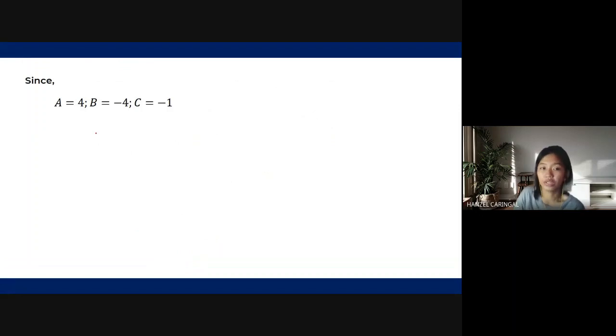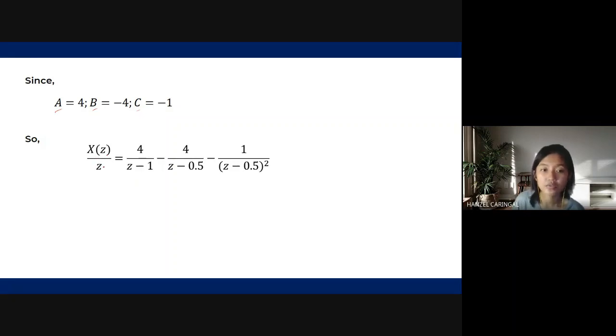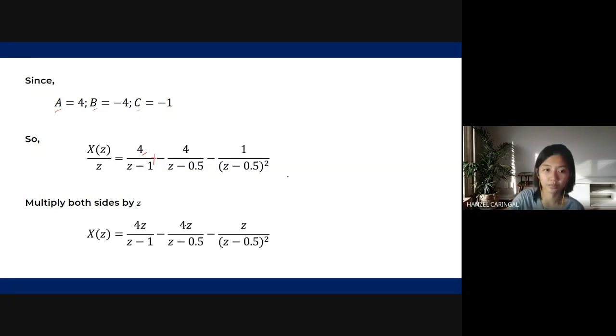Since we have already the values A, B, and C, we plug them into our equation from earlier. X of z over z is equal to 4 over z minus 1, minus 4 over z minus 0.5, minus 1 over the quantity z minus 0.5 squared.